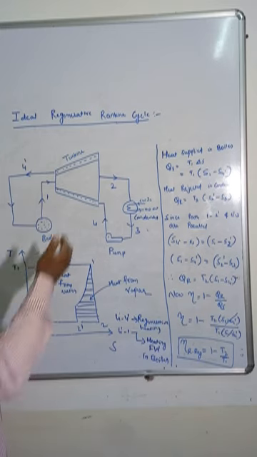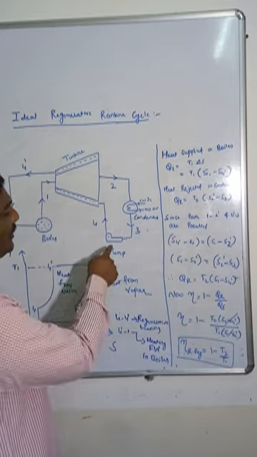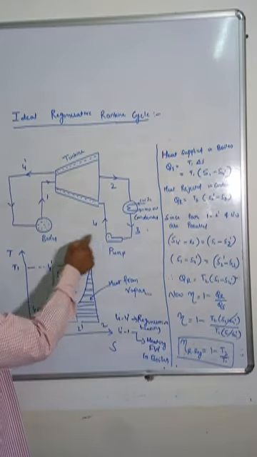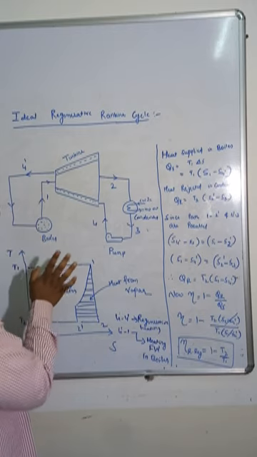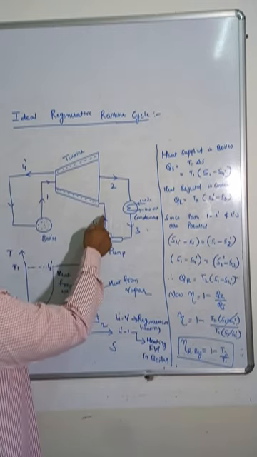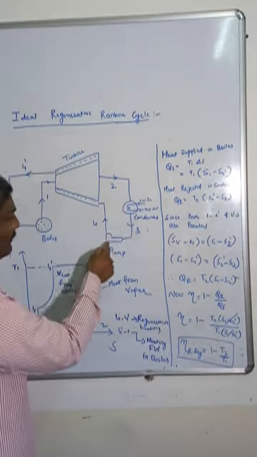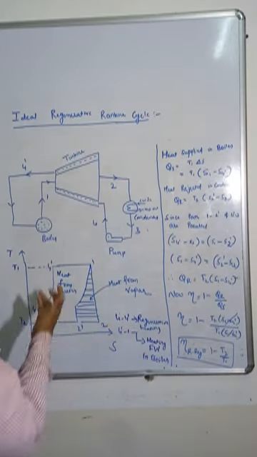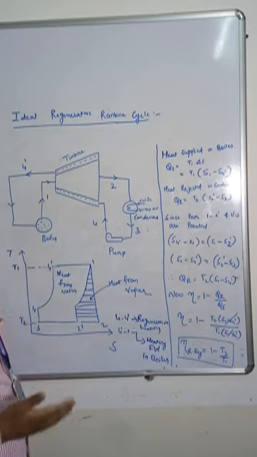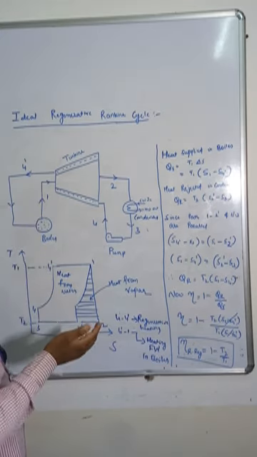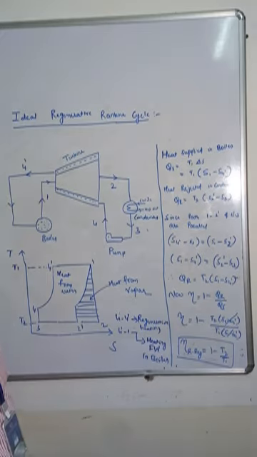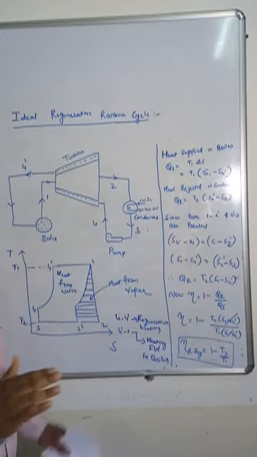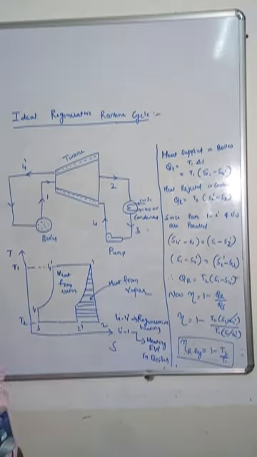Usually after the pump we directly supply the water to the boiler, but in the modification we pass this water through the casings of the turbine, because we are supplying superheated steam in the turbine, which has very high energy and temperature. That temperature is also transferred to the walls of the turbine.